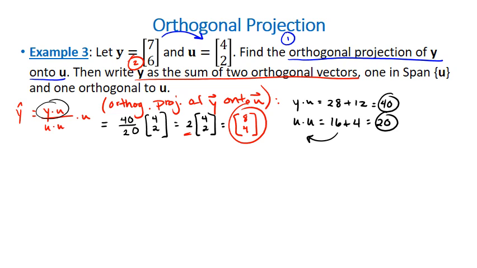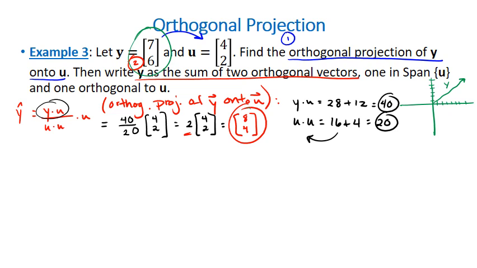So here's basically what that means. If I graph this vector, 1, 2, 3, 4, 5, 6, 7, 1, 2, 3, 4, 5, 6, it's going to be here. So this is vector y.